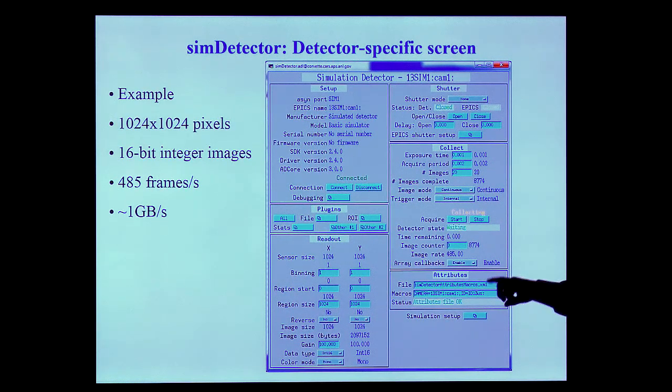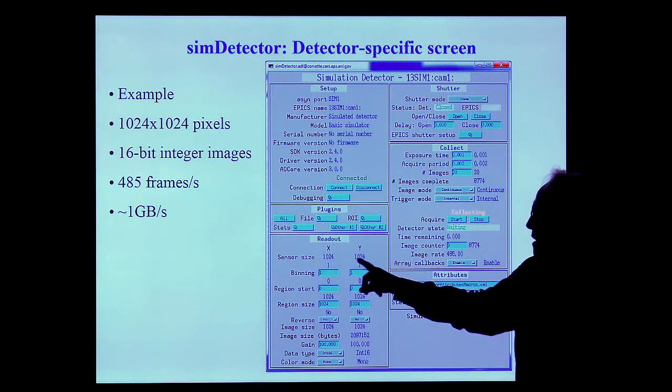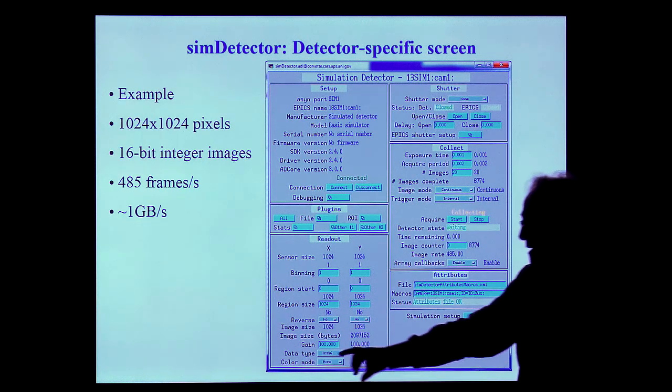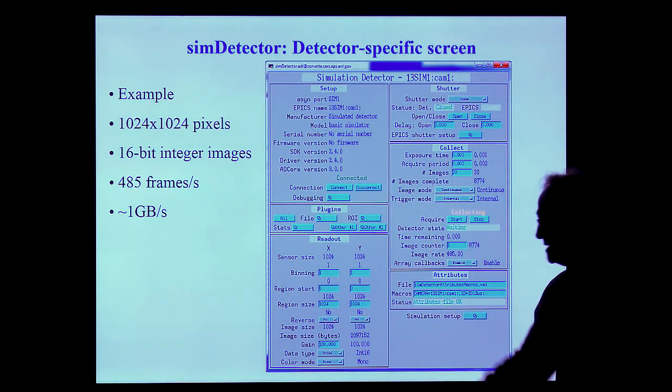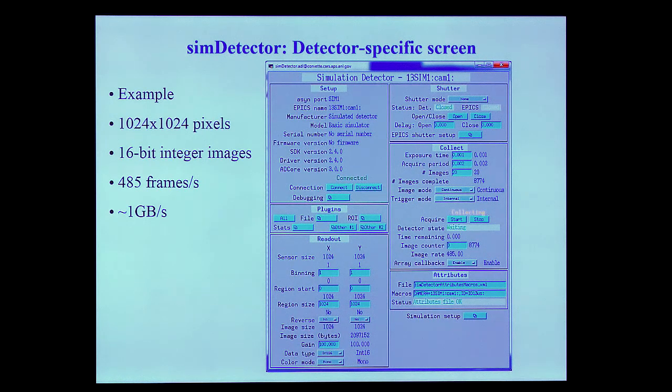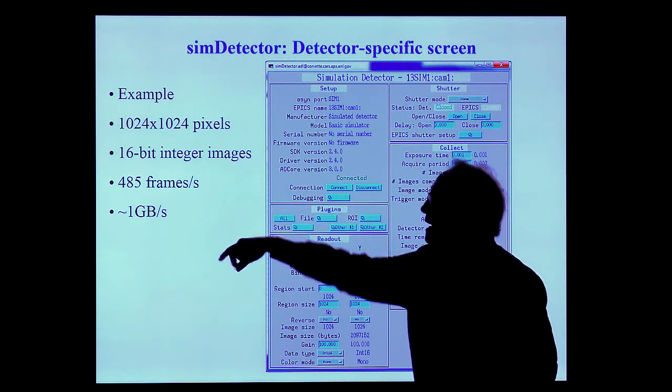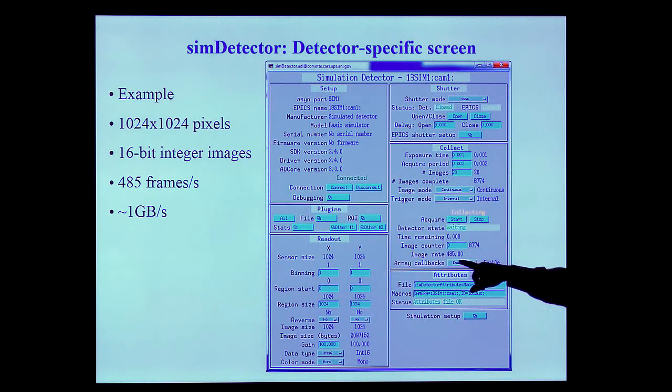And in this case, you can see it's been set for 1024 by 1024 images, and it's got an int16 data type. So each of these images is 2 bytes, and it's running here at 485 frames a second.